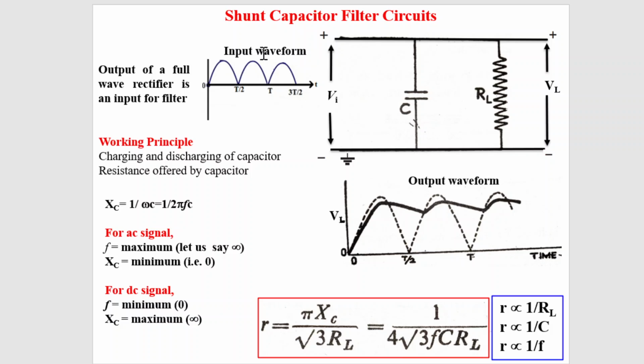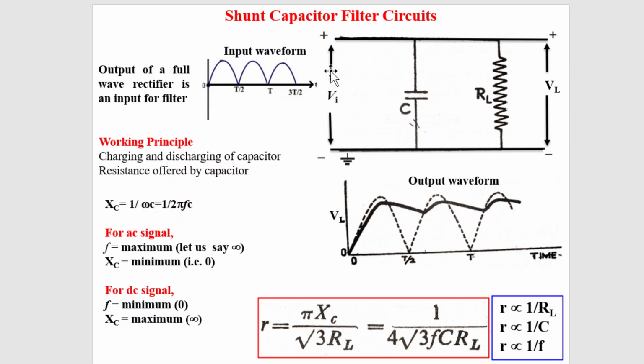Now the input signal we have applied here is a combination of AC plus DC, so both signals will appear across the capacitor. This capacitor will allow only the AC signal to pass because it is offering 0 resistance for AC, and it will not allow the DC signal to pass through the capacitor, so it will block the DC signal here.